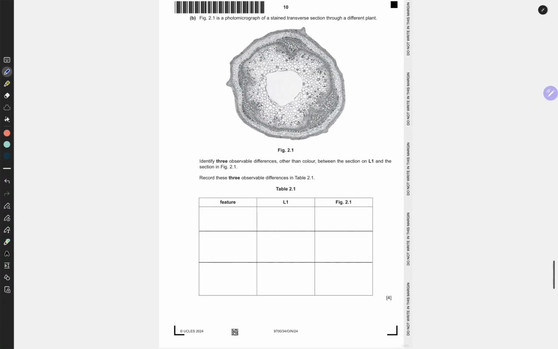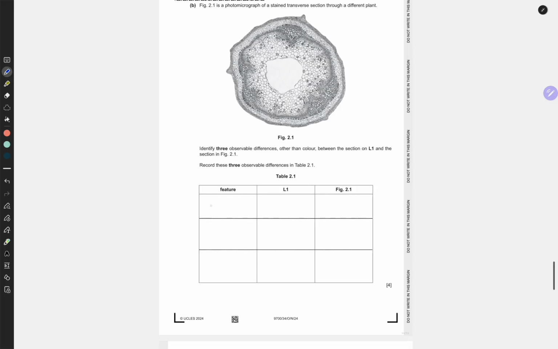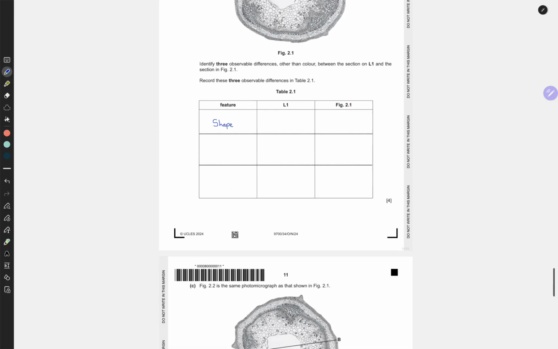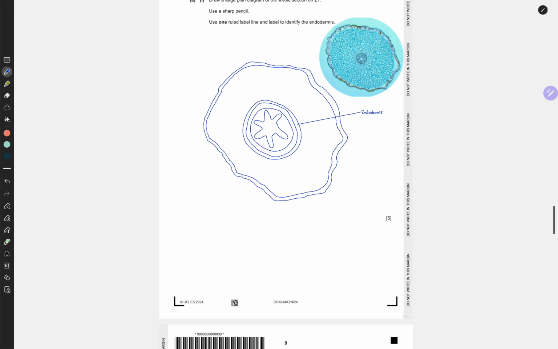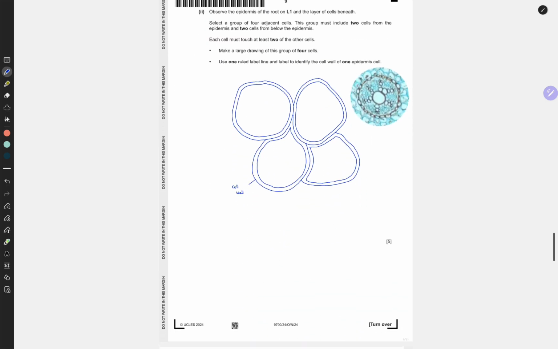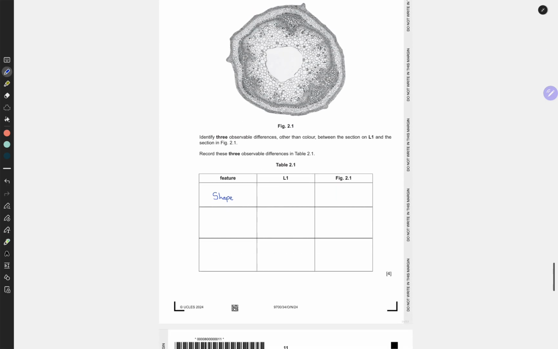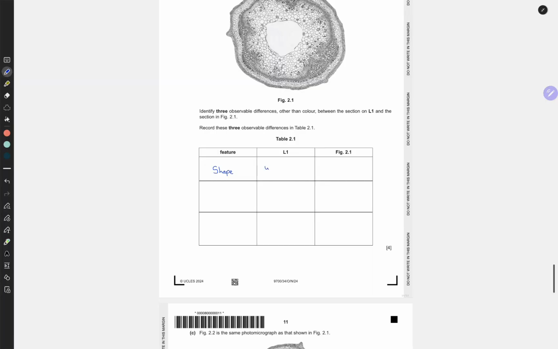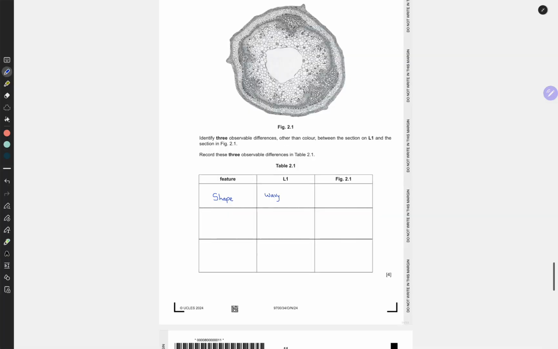So the first feature can be the shape. Of course, L1 is not circular at all. It's crooked, wavy is the word. And figure 2.1 is circular.